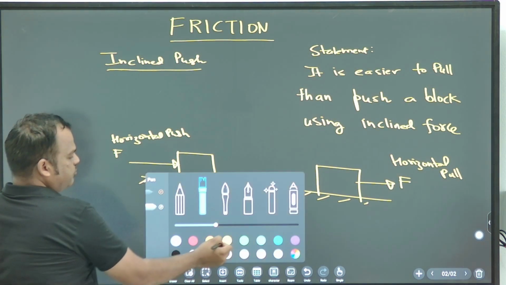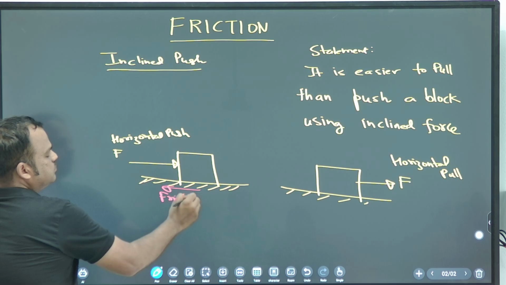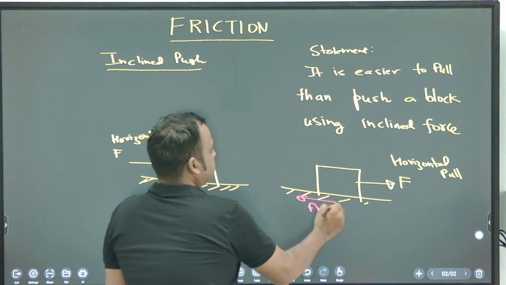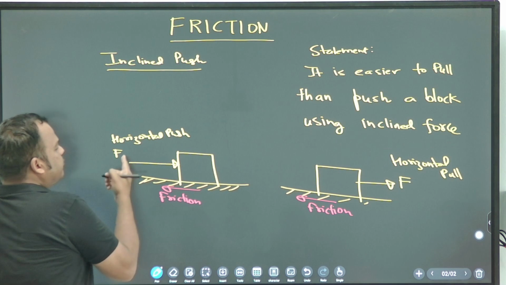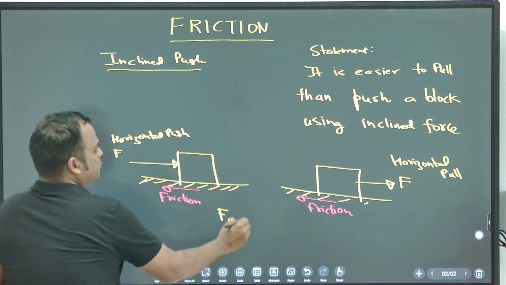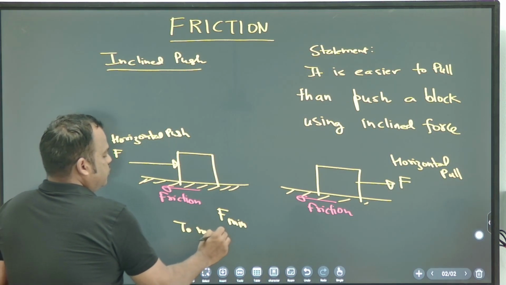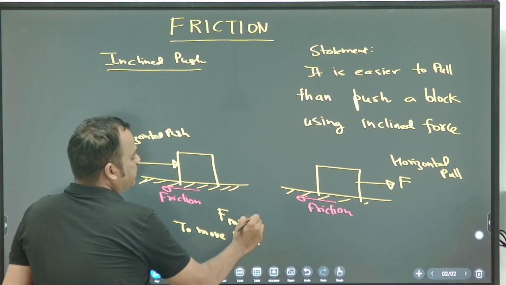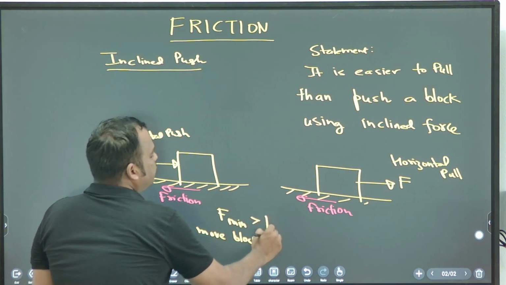Left side, what is the force? Friction will act left side. Here also friction will act left side. So what is the minimum value of F to move the block? So F minimum is mu s mg.